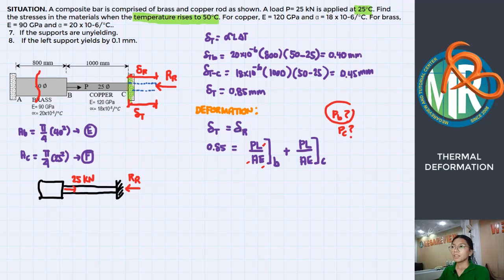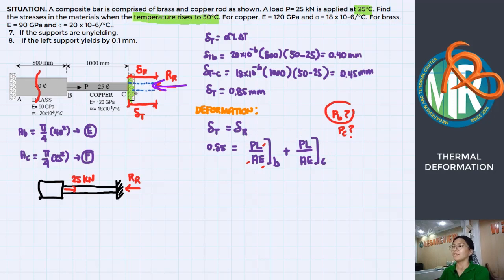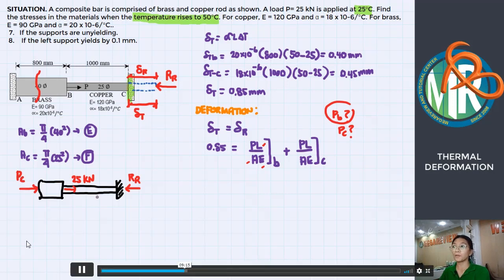Since yung inassume natin dito na axial deformation ng ating brass and copper rod are compressive, diba? Kasi yung force na to is nagpapakompress pabalik ng ating material. Tama? So, yung force mo dito for the copper rod should be compressive force. This is PC.